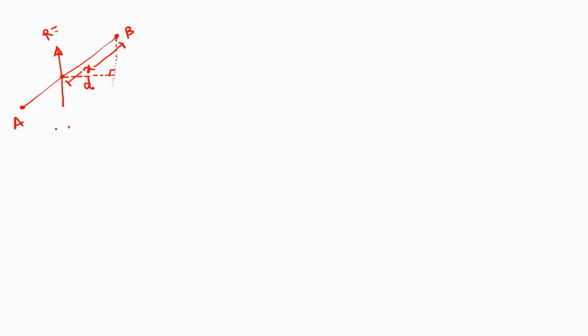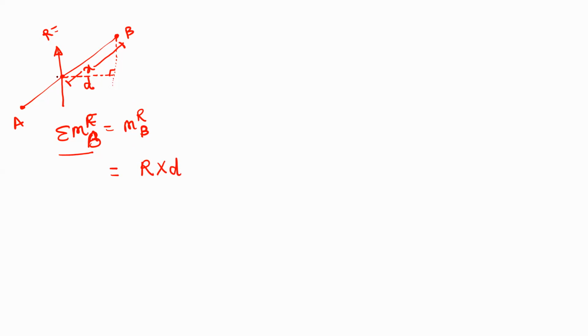So moment by the resultant, this part we will get from the last calculation. Now I will write the equation for moment by the resultant about the point B. So this is equal to your resultant R into distance d, the perpendicular distance.